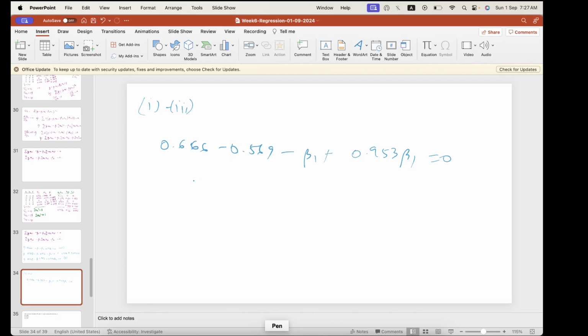Okay, so then this will be beta 1 equal to 0.666 by 1 minus 0.953. So how much does it come to? 0.666 divided by 1 minus 0.953. So this will be something like 14.17.